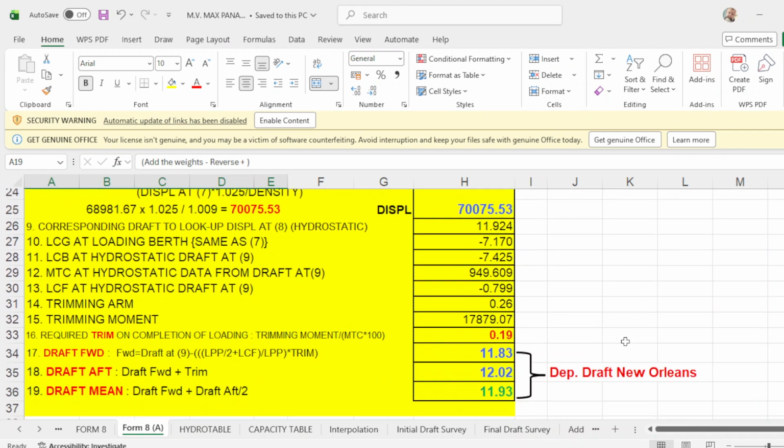The program says 26, which is H27, which is the LCG, minus H28, this LCB is 26.